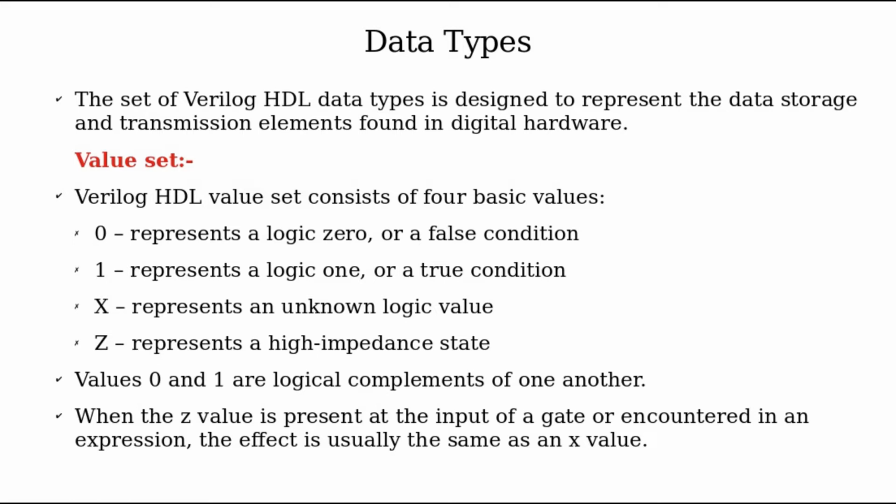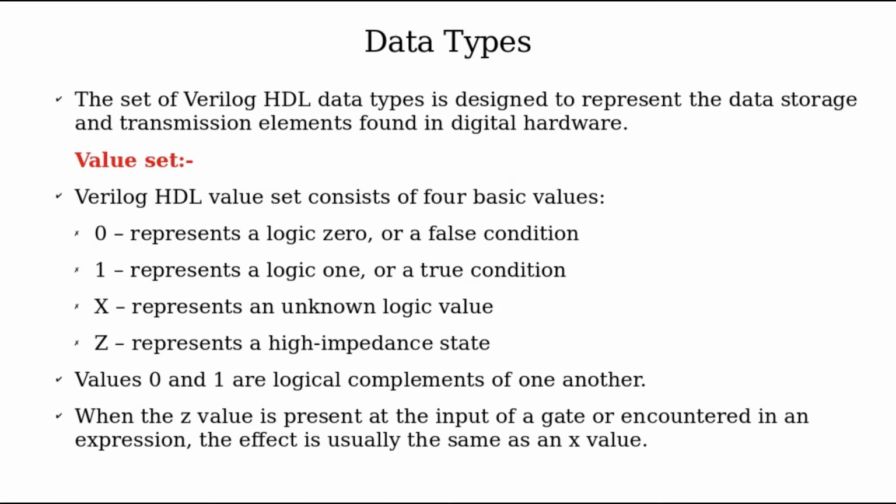Verilog HDL data types are designed to represent the data storage and transmission elements found in digital hardware. The Verilog HDL value set consists of four basic values. Number 1 is 0, which represents a logic 0 or a false condition.